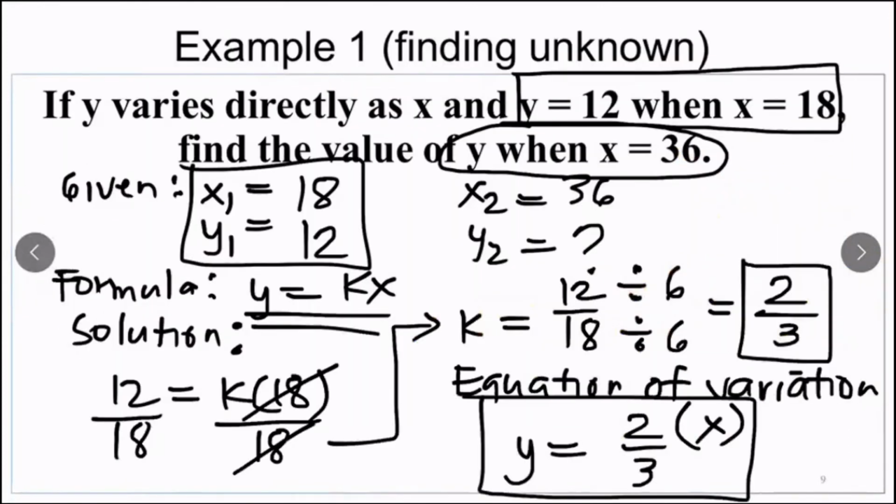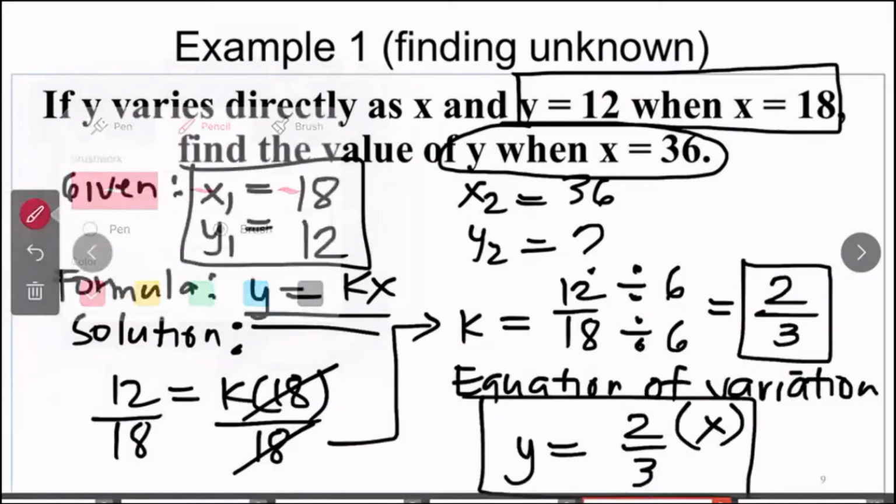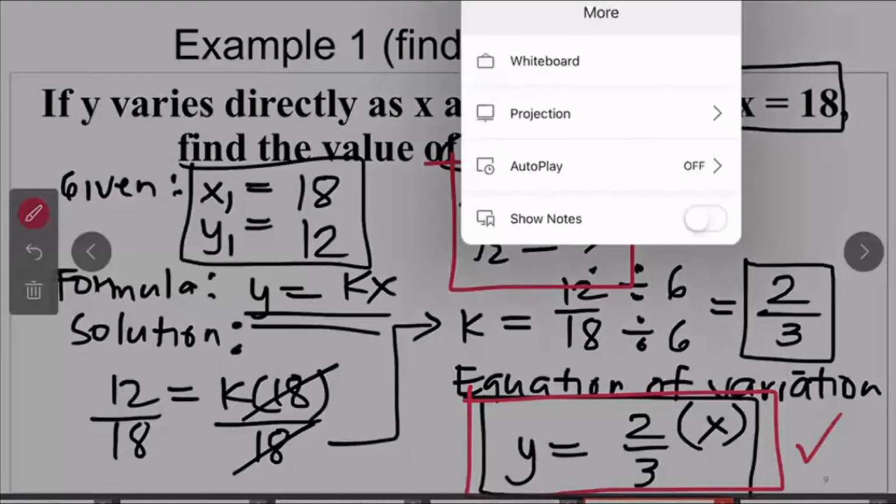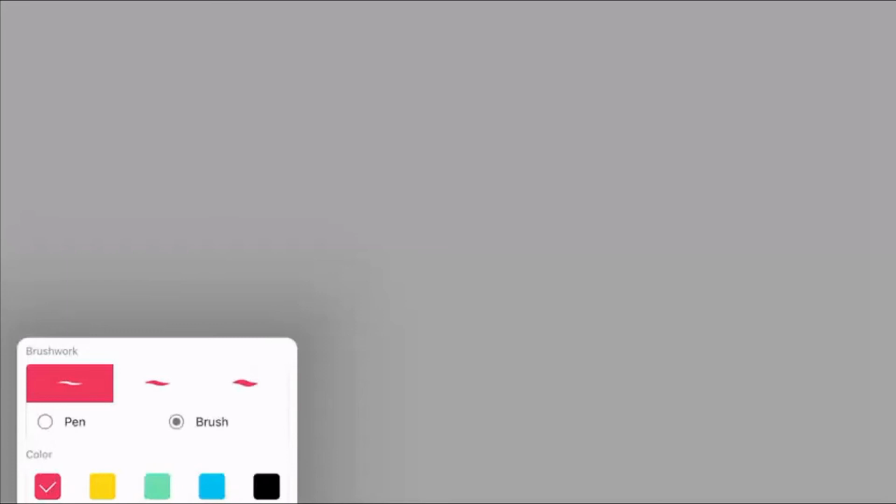In step number 4, our requirements for identifying the unknown are the equation of variation, the unknown, and the second given. So now let us go to our whiteboard. Now let us identify the unknown.